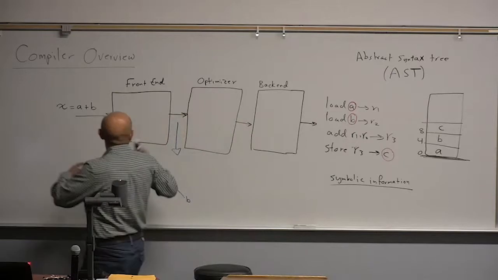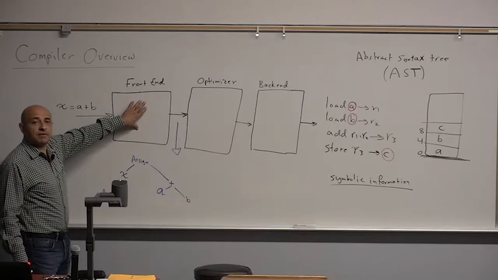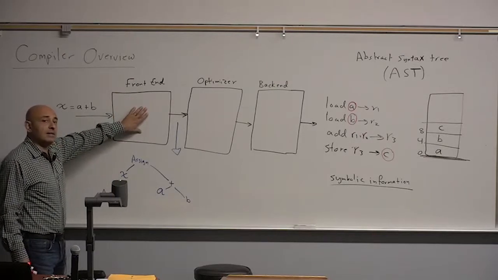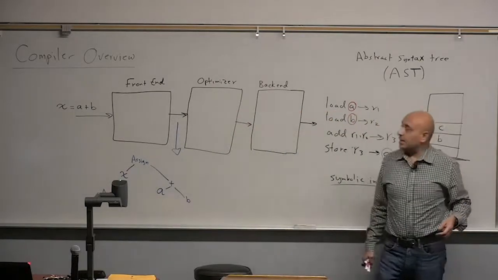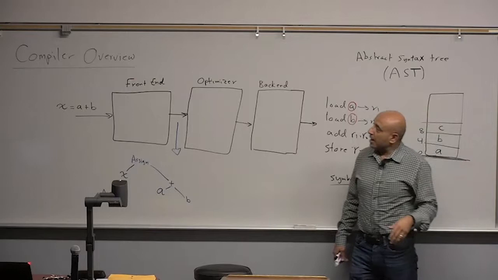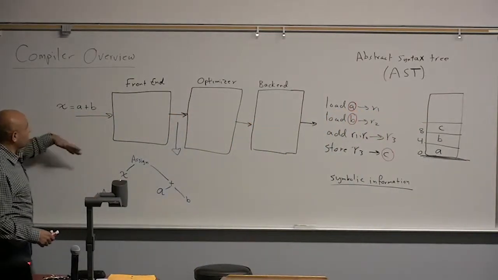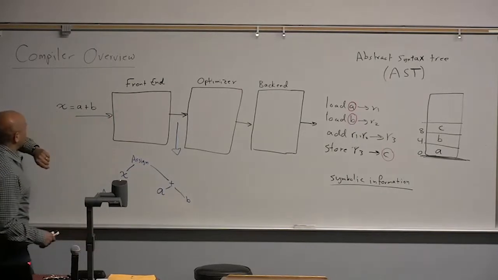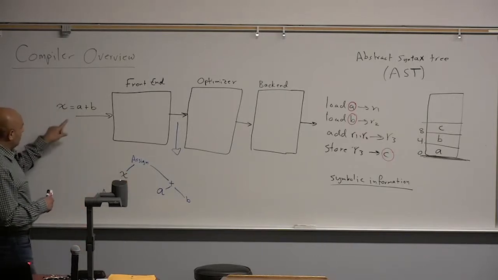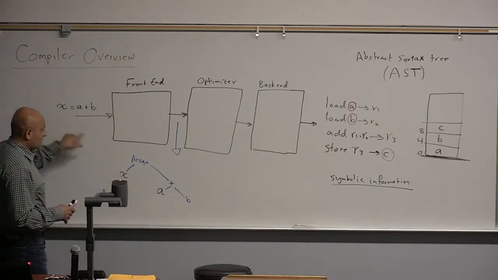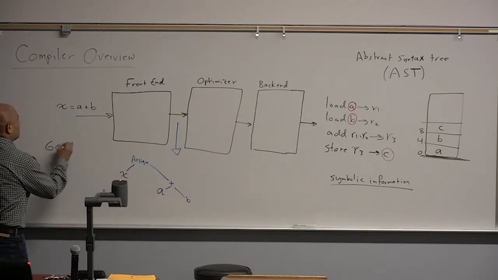Now this is the big picture. In fact, today we're going to focus on this front end. Again, understanding what the front end does, but we will not learn how the front end does this until we get to the detailed treatment of the front end. So getting from this expression or assignment to this abstract syntax tree is going to take roughly 60% of the time of this course.